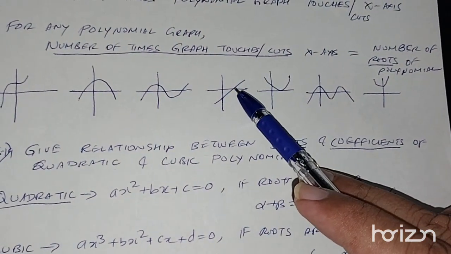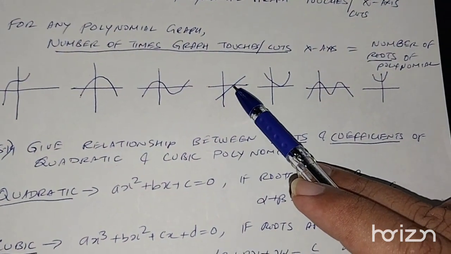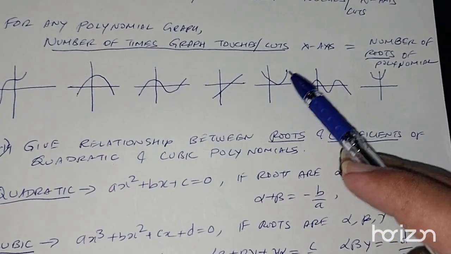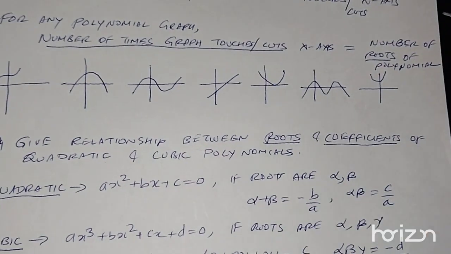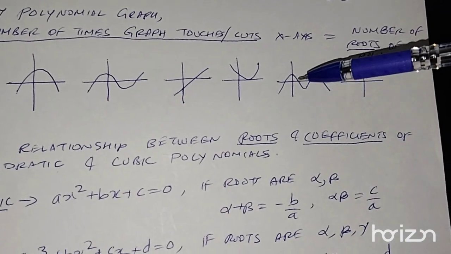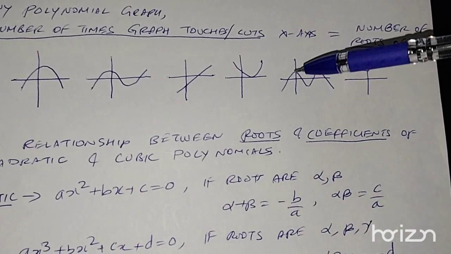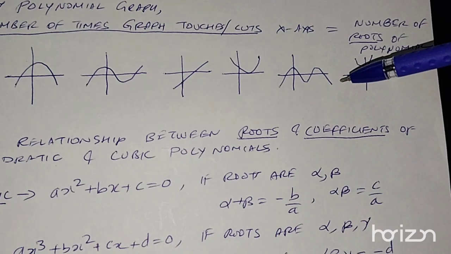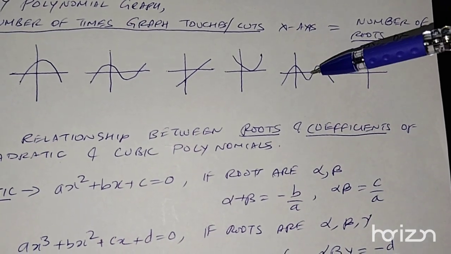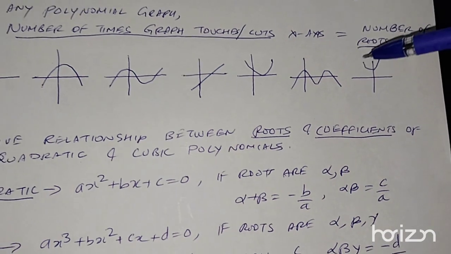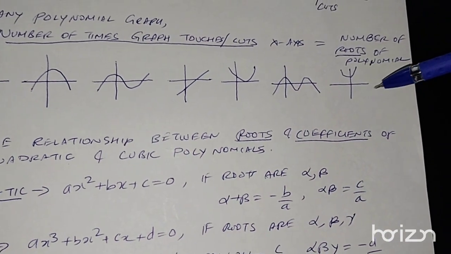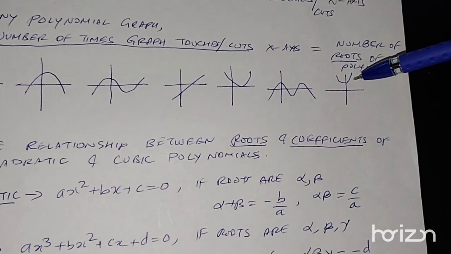This straight line cuts the x-axis at only 1 point, so it has only 1 root. This quadratic parabola touches the x-axis only at 1 point, so it has only 1 root. This curve of the polynomial cuts the x-axis at 1, 2, 3, 4 points. So this has 4 roots. And this parabola does not touch the x-axis at all. So it has 0 roots.